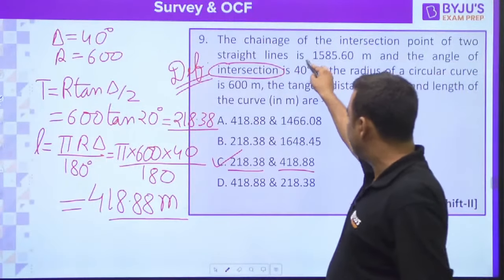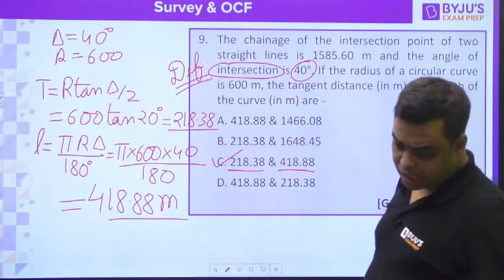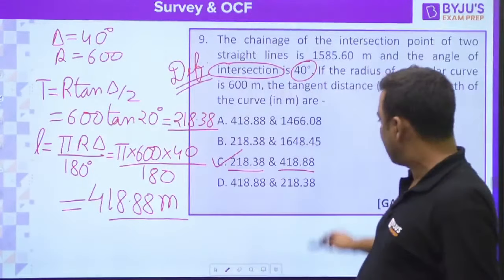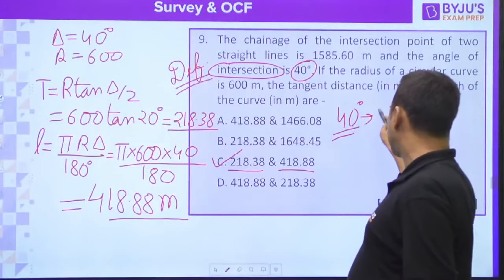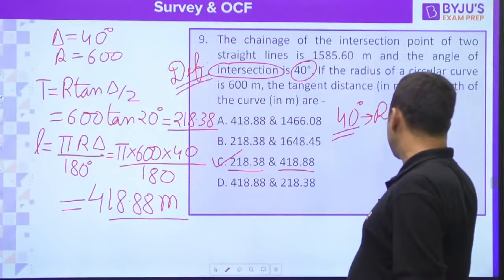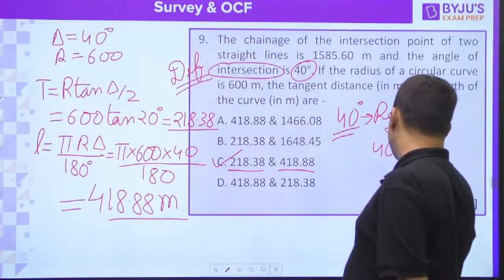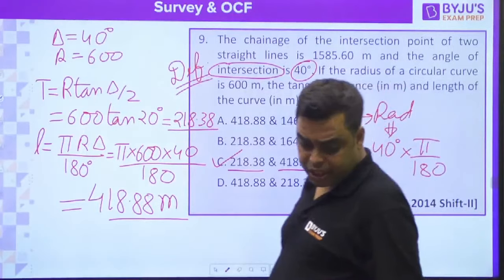Angle is in degree, 40 degree. So we have to convert it into radian. How do we do that? We multiply 40 degree into pi by 180, and that gets converted.